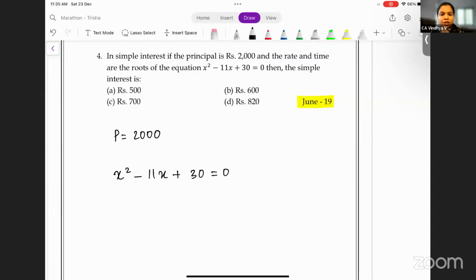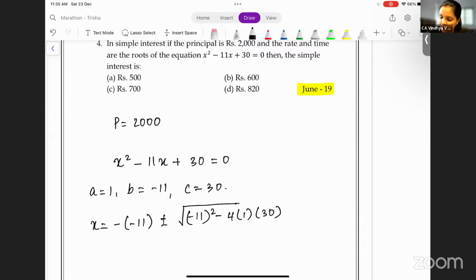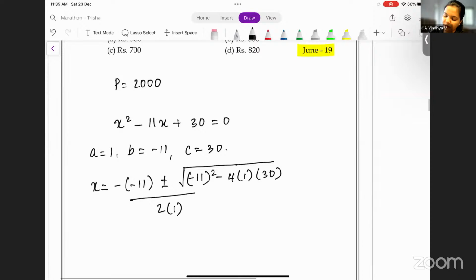Okay, we find the roots of the equation. How do you get the roots of the equation? Very simple. You consider A as 1, B as -11, and C as 30. Correct? Get the roots of the equation quickly. We'll get x is equal to minus b plus or minus square root of b square minus 4ac, divided by 2a. 11 plus or minus square root of 11 square, that is plus 121, and minus 4 into 1 into 30 is minus 120.